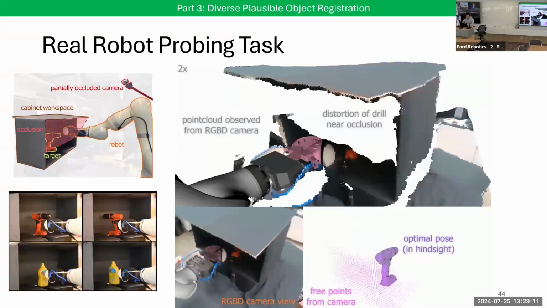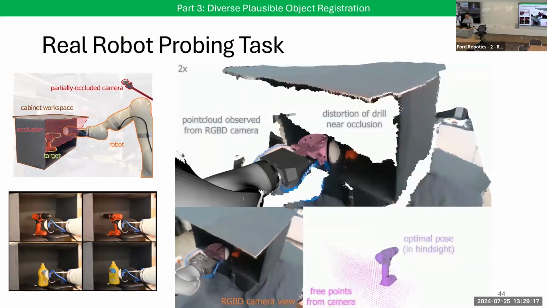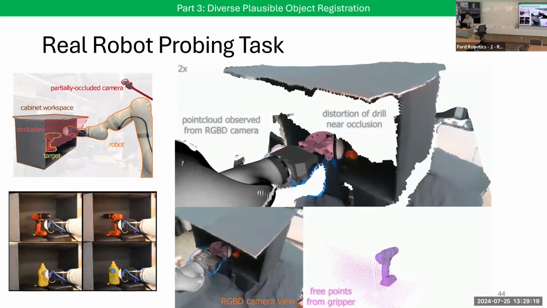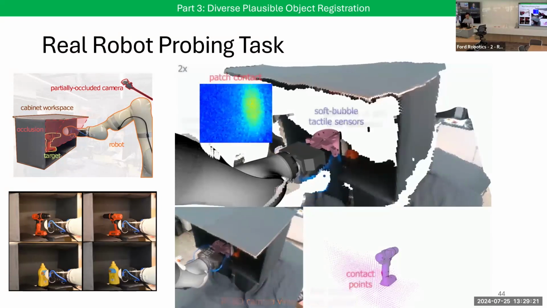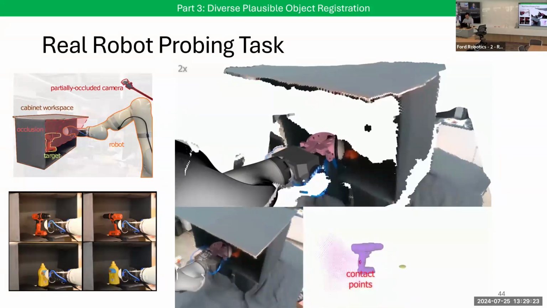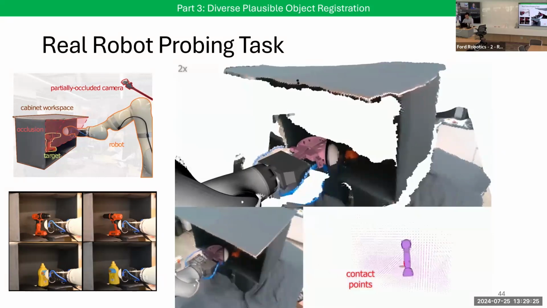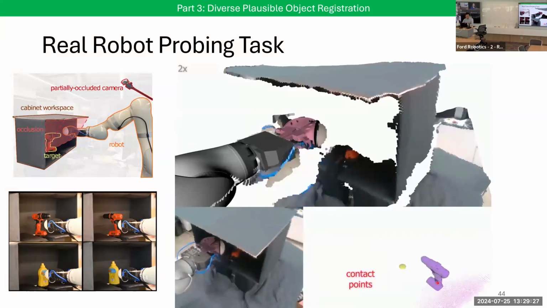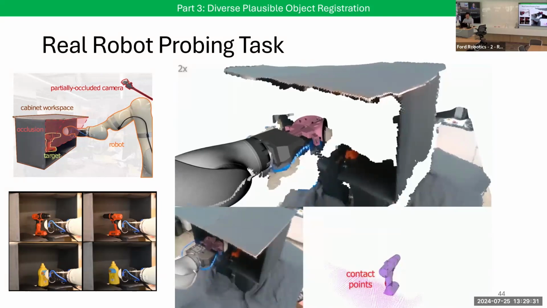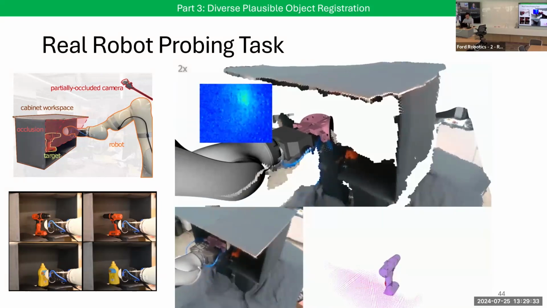Here we're going to show our method on a real task. This is a probing task where we make a sequence of probes that sometimes makes contact with the objects, but sometimes not. And we want to estimate the plausible poses each time. Note that we're able to use both contacts made with the object as well as the free space that the robot sweeps out.